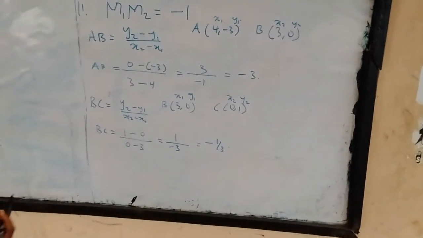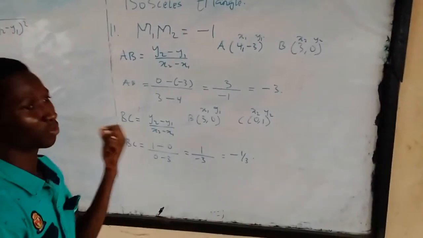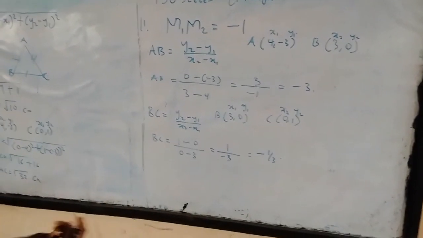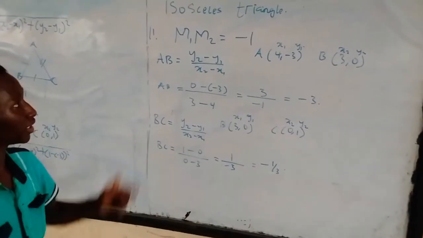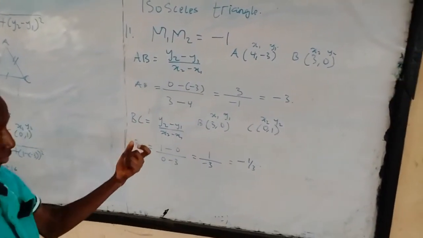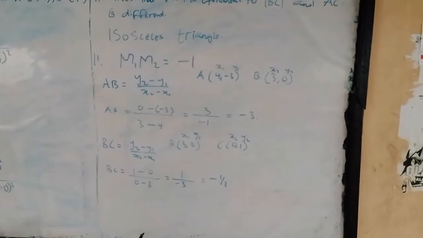So for us to show whether AB is perpendicular to BC or not, we apply our formula, which says that if the product of the two gradients is equal to -1, it is perpendicular, but when it is not -1, it is not perpendicular.